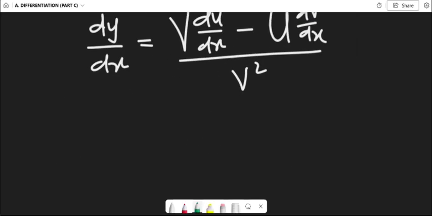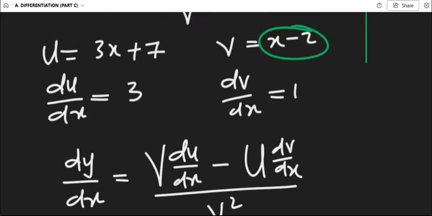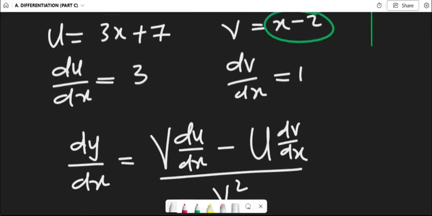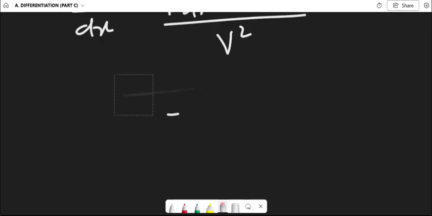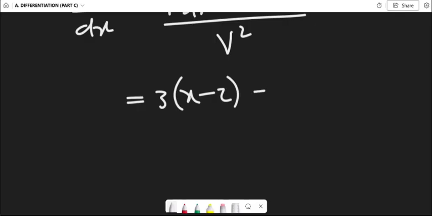So I'm going to have it as x minus 2 in bracket. What's the value of du dx? The value of du dx is known to be 3. So I'm going to multiply that by 3. I bring it to the front. I'm going to have that 3 in bracket x minus 2, then minus.